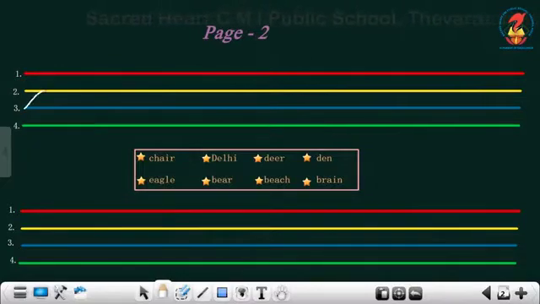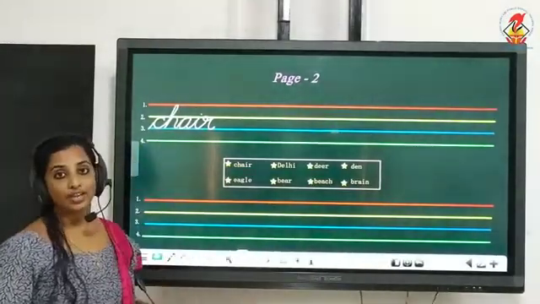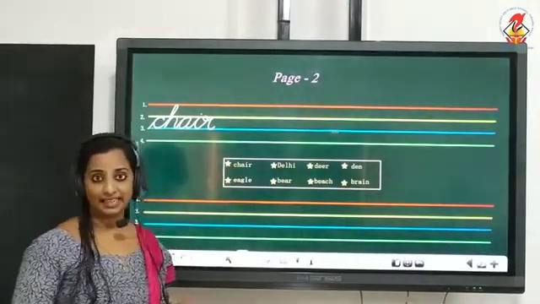Start from the blue line, go up to the yellow line, come back to the blue, go up, make the loop of H, come down to the blue, go up again and there's your H. Now for A, go up to the yellow line, come down, again go up, there's your I and make the loop of R and put the dot for I. And here is the word chair. C-H-A-I-R, chair.